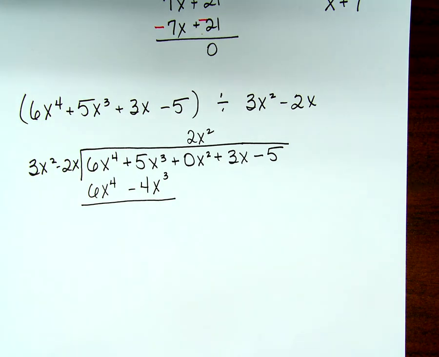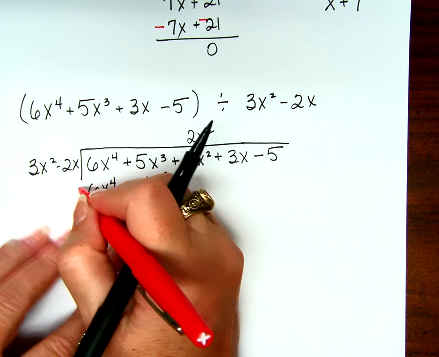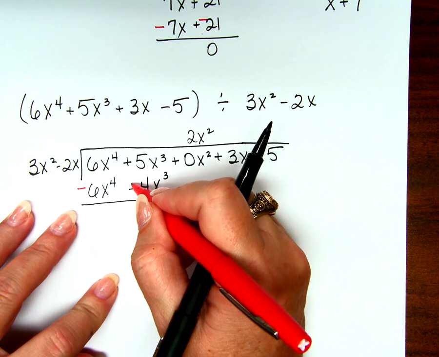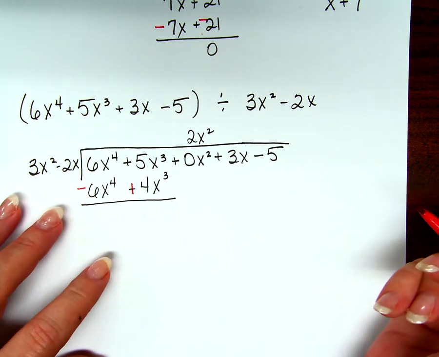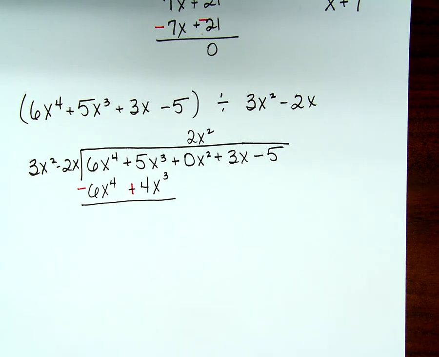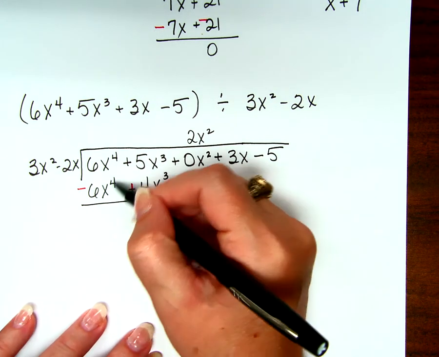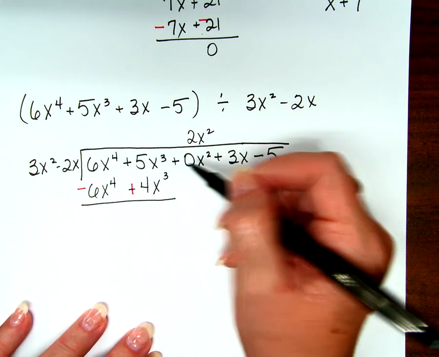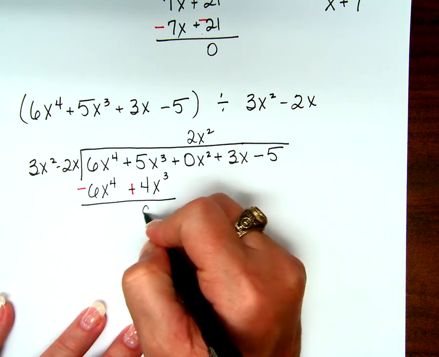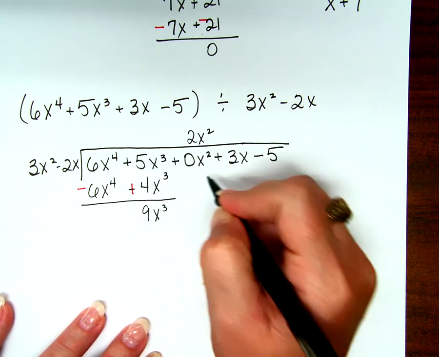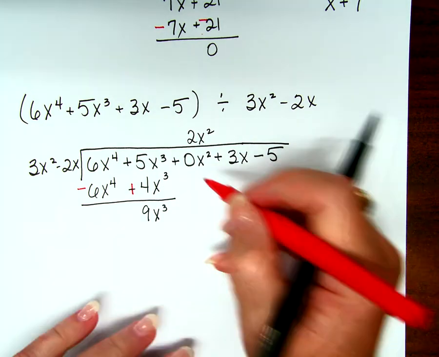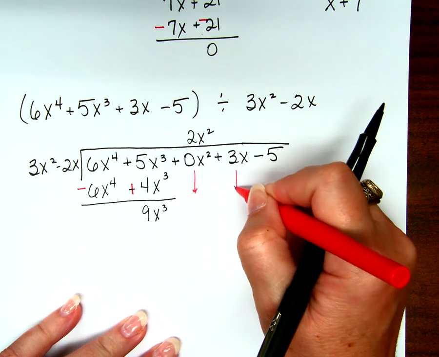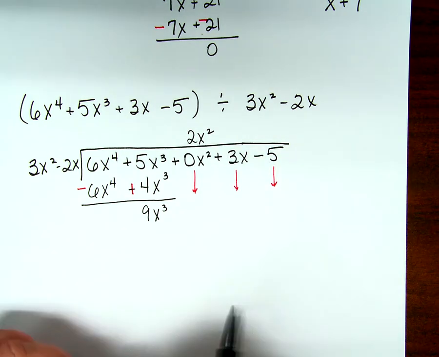And now subtract, right? Now why am I going to change this to a plus? Because I would be subtracting a negative, and I don't want to just put two subtraction signs there. That's confusing, isn't it? Okay, so what do I get here? That's 0. What do I get here? 9x to the third. I want to bring down the rest, don't I?